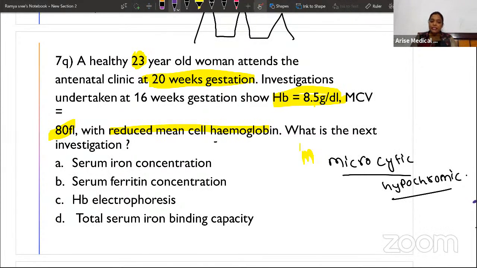How do you want to manage such a patient? Do you want to give them injectables or do you want to give oral? As you have a long time and she's just 20 weeks and it's just moderate anemia.